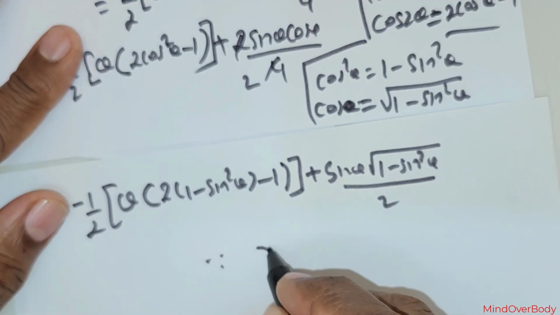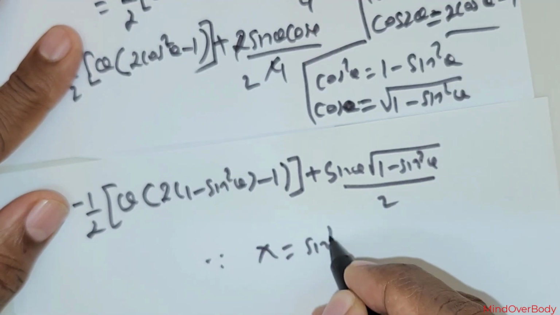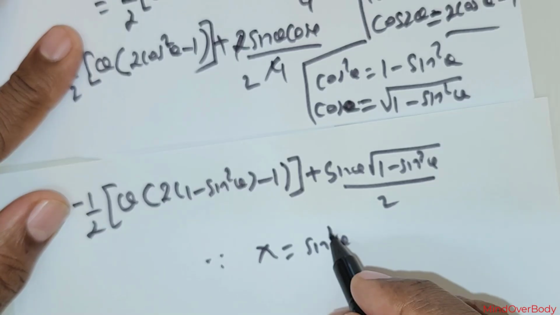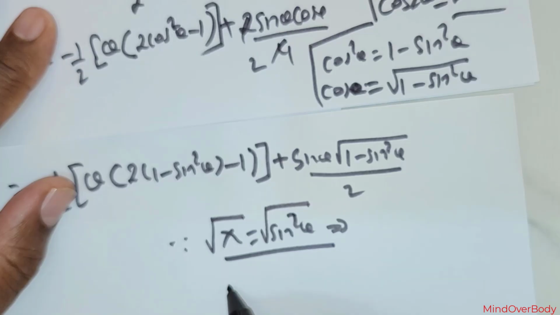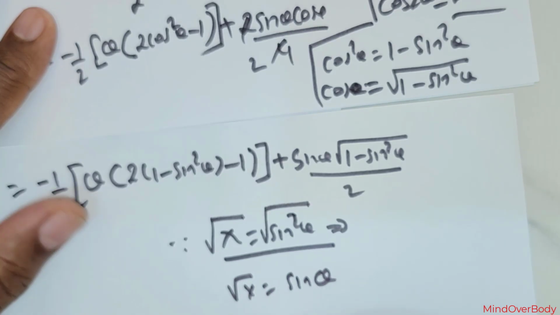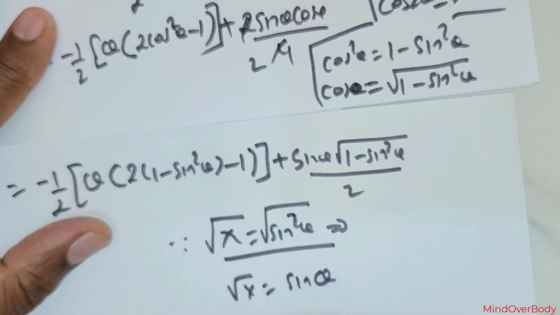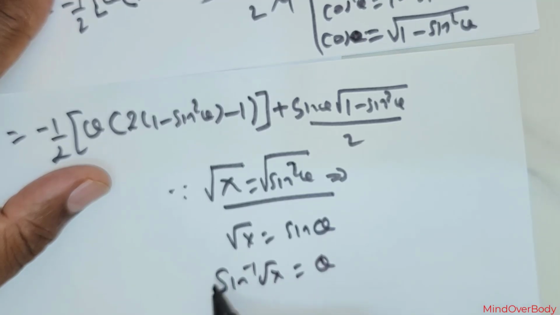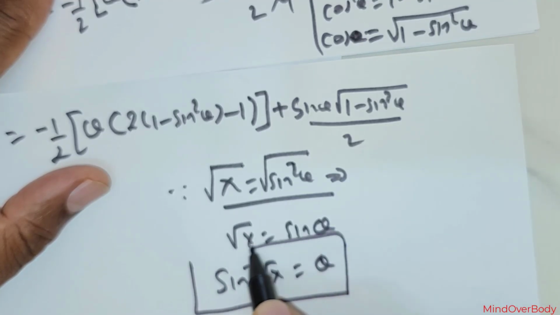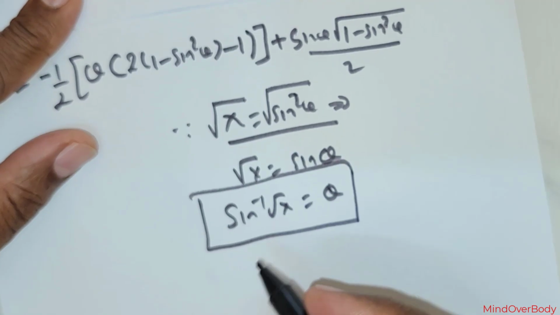Now x is equal to what? Sine square theta. I will take square root on both sides. So that would mean the root of x is equal to sine theta. And then I take sine inverse both sides. So sine inverse of root x is equal to theta. Okay, so I got the value of theta.